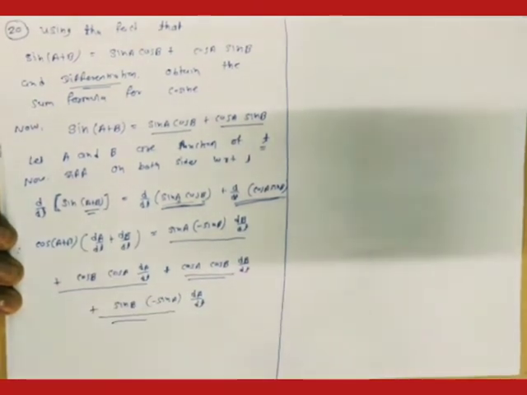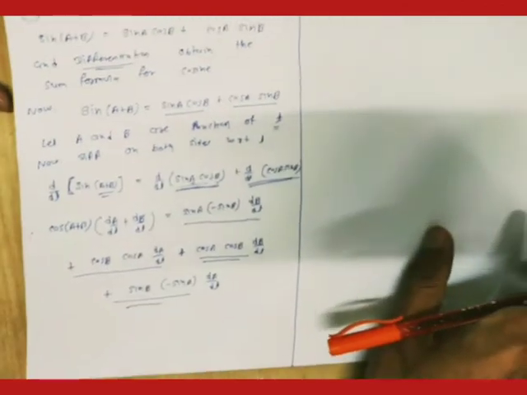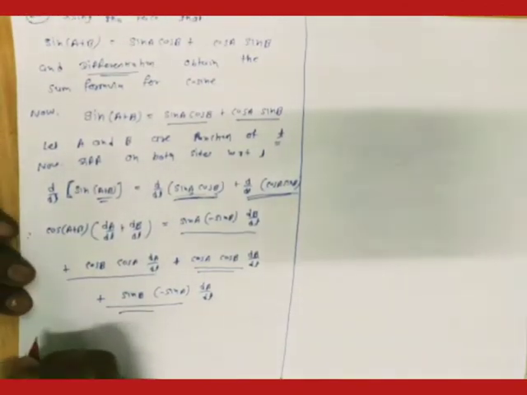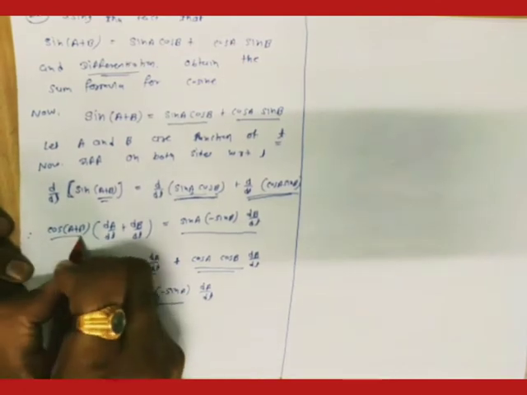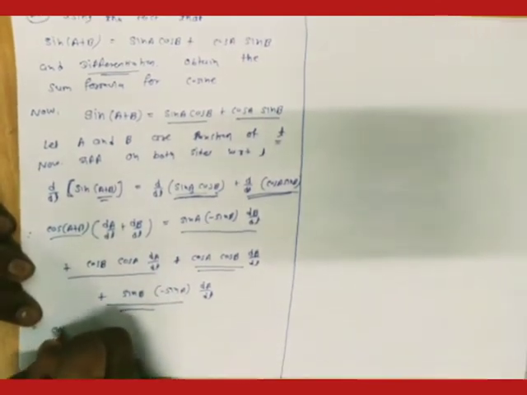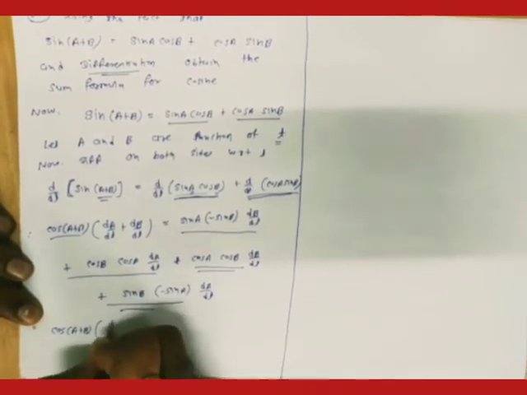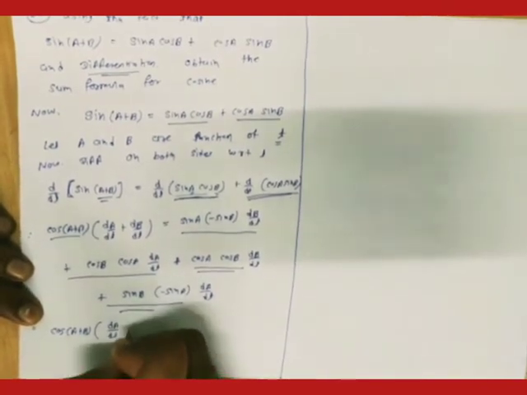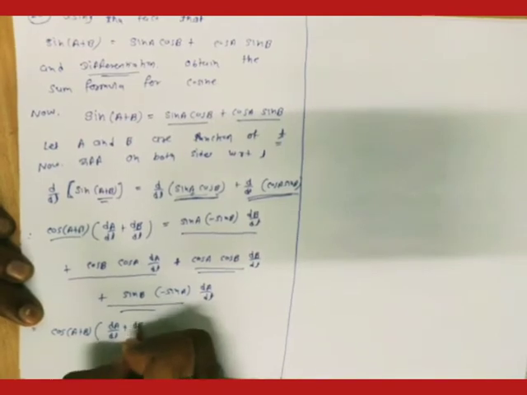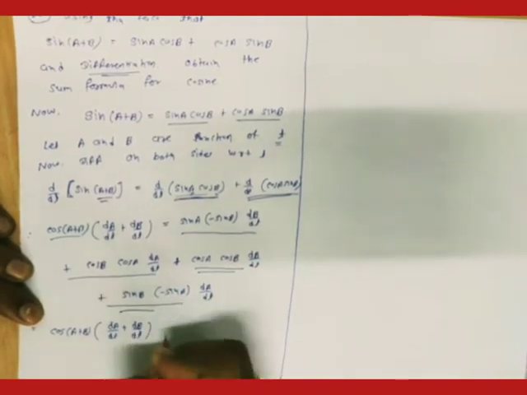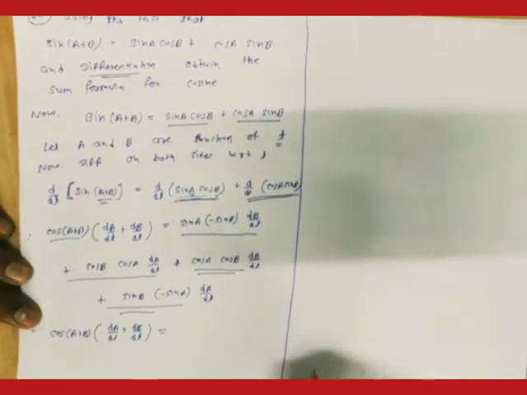Clear? So now we're writing the simplified form. The simplified form is cos a plus b into dA by dt plus dB by dt equal to.